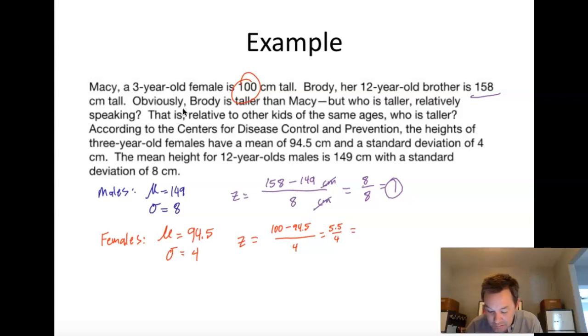So we get 1.375. So while Macy is objectively shorter than Brody, with respect to the distribution of heights, she's taller than her peers than he is to his peers, right? So she is 1.375 standard deviations above the mean in her distribution, whereas Brody is only 1 standard deviation above the mean. So we could say that Macy is taller relative to her peers.